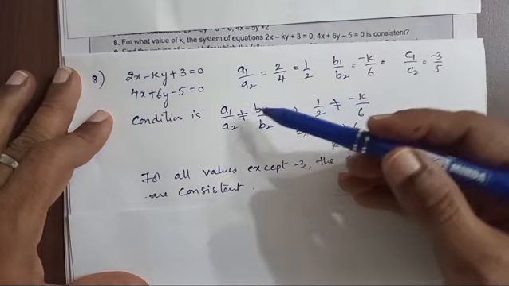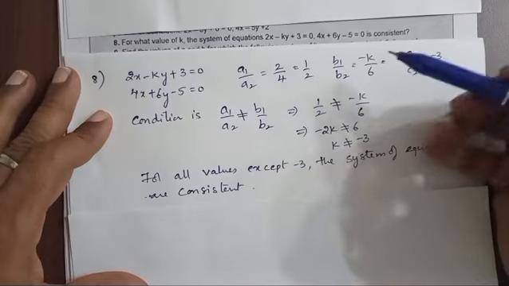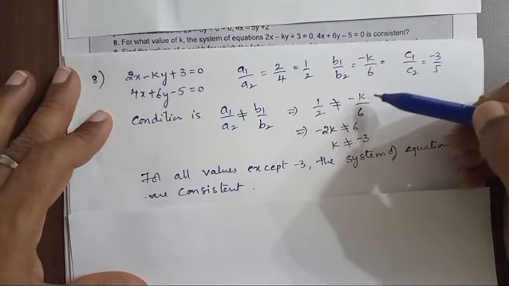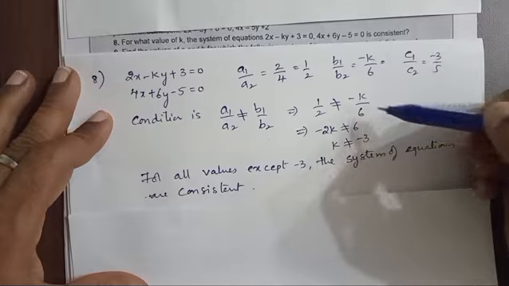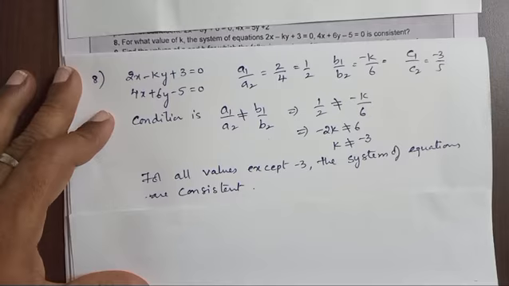The condition here is a1 by a2 is not equal to b1 by b2. 1 by 2 is not equal to minus k by 6. Cross multiplying, we get minus 2k is not equal to 6, so k is not equal to minus 3. Hence, the solution is for all the values except minus 3, the system of equations is consistent.